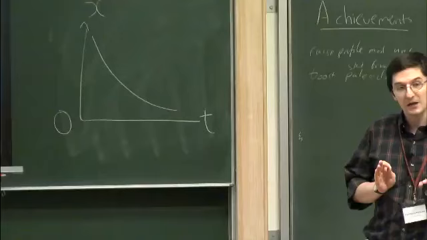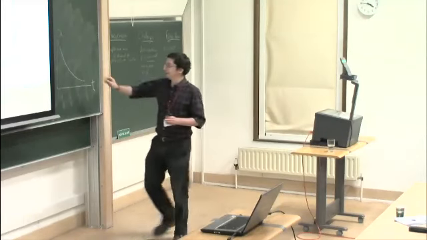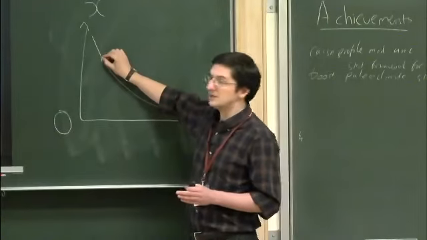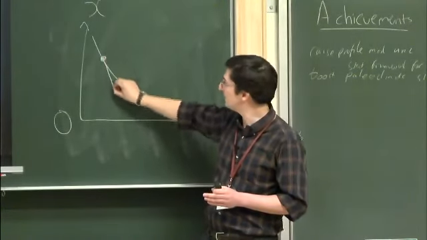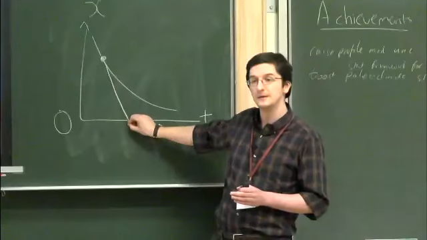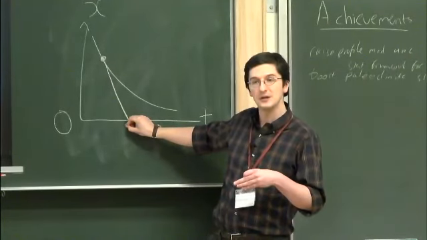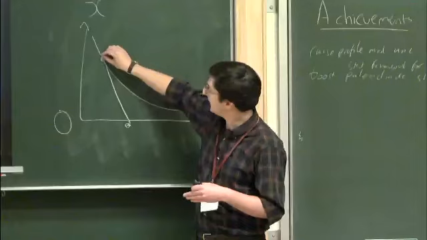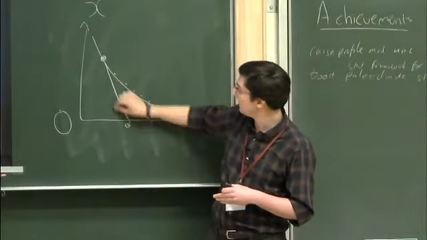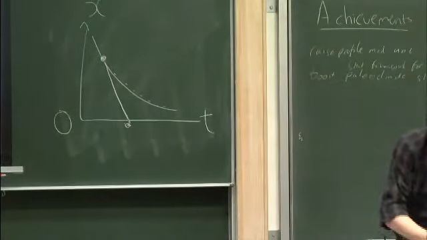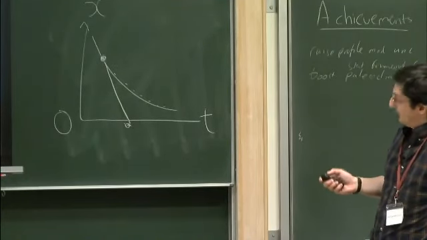But with this time stepping scheme, if you try and get away with using a large time step, the time stepping scheme takes dx by dt at the start of a time interval and just propagates it forward, extrapolates it forward in time. And by doing that, it's overestimating the magnitude of dx by dt. So while the attractor should be slowing down as it gets close to x equals 0, it's actually going far too quickly, and as a consequence, it's not spending enough time near x equals 0.